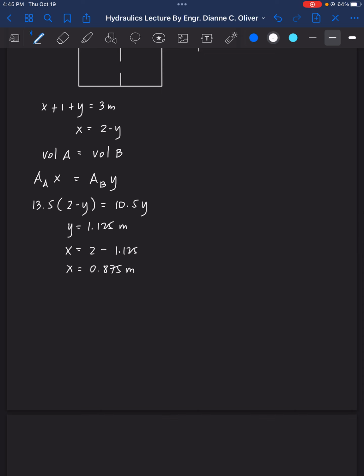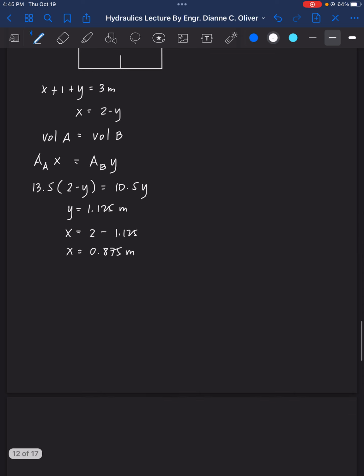0.875 meter. So we can now solve for the Q average, which is equal to C, the coefficient of discharge, times the area of the orifice, square root of twice of gravity, times square root of H1 plus square root of H2, all over 2.